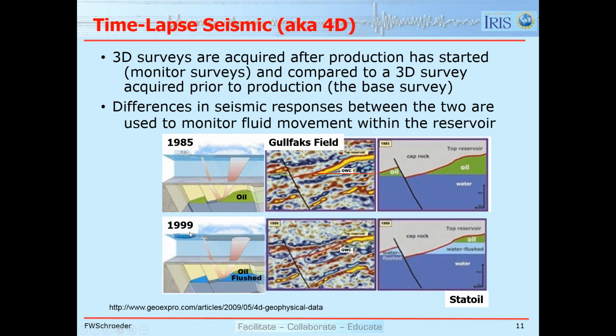We can compare that with another 3D survey shot in 1999, so 14 years later, and although the oil has been flushed out of the smaller trap, we still have some oil in the larger trap, but a lot of the region that had oil in it has been flushed as we've produced the oil.